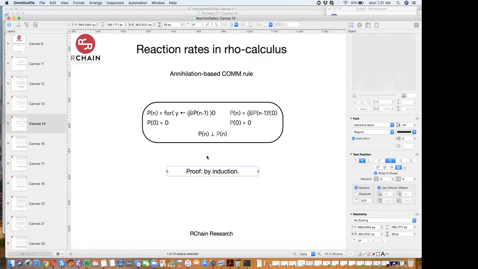So this is an incredibly simple proof that gives us an infinite set of names that annihilate each other. And of course, there's lots more than this, because I haven't used any par, I haven't used any deref or anything like that. But this is just one infinite set, and there's lots more than this.